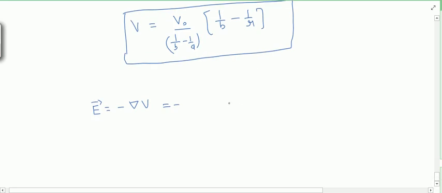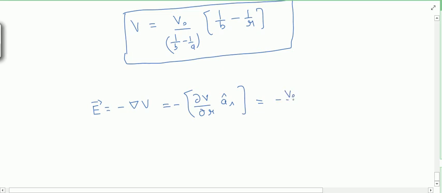So simply taking the gradient formula, that is del V by del r along a r cap, the other components become 0. In the expression of V, you can see that V naught by 1 by b minus 1 by a is not dependent on r, so it can be taken out.